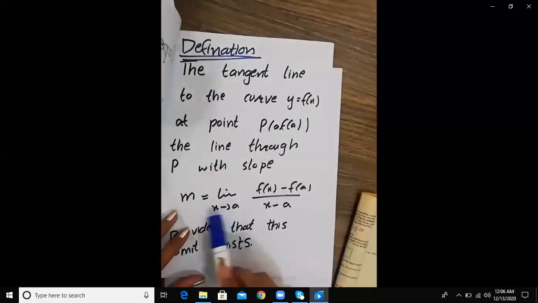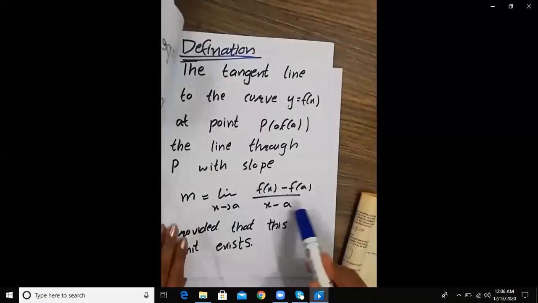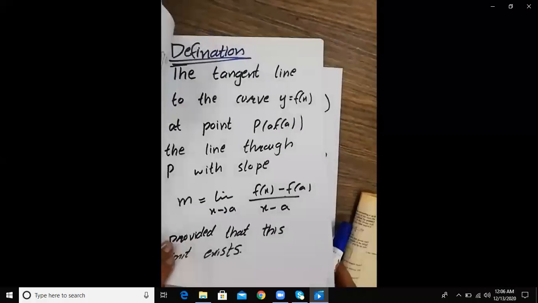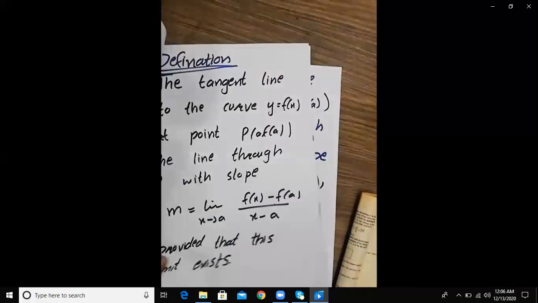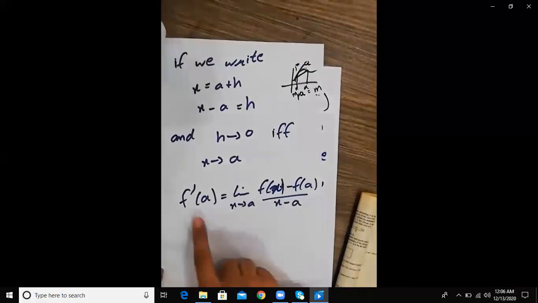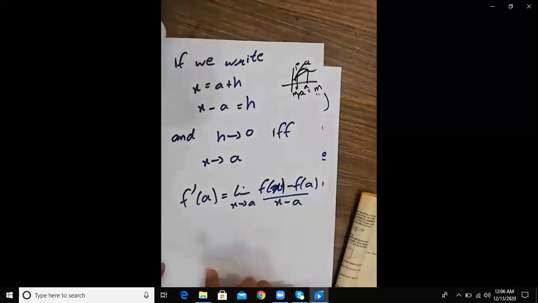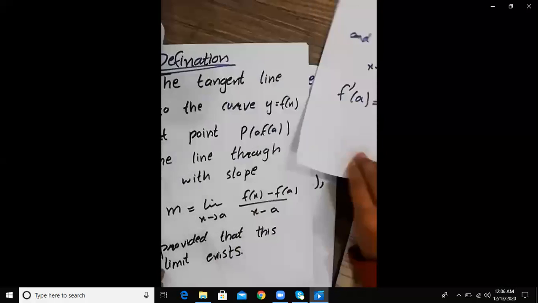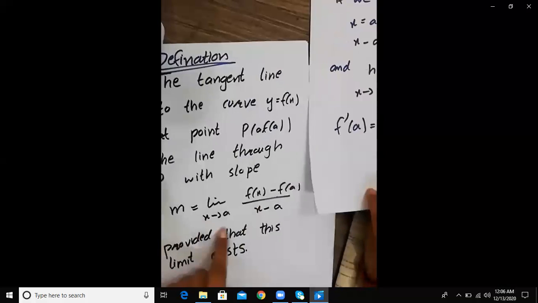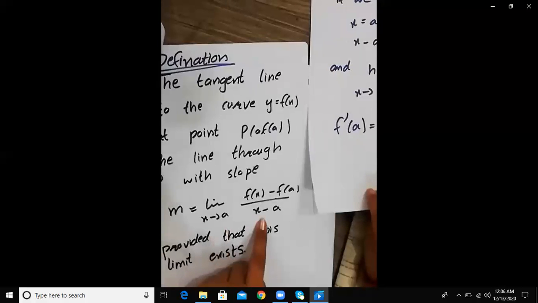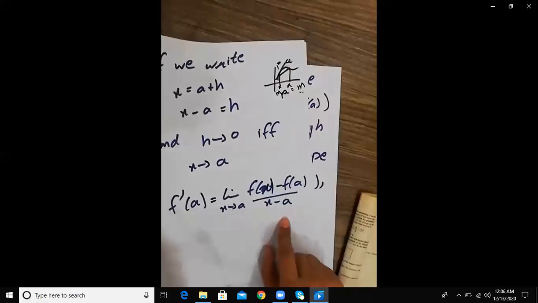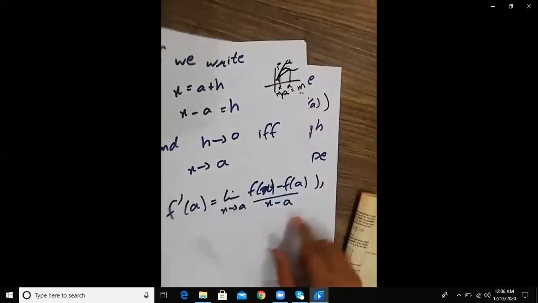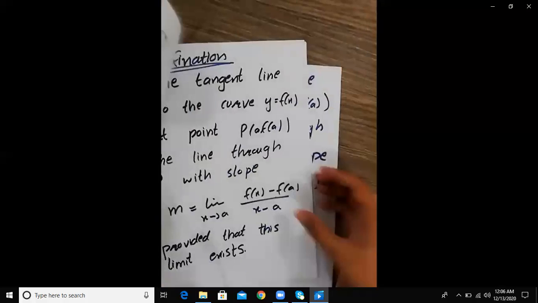So the definition of the slope of the tangent line is equal to the definition of the derivative of a function at some given point. This is the definition of the slope of the tangent line, and this is the definition of the derivative at some certain points.